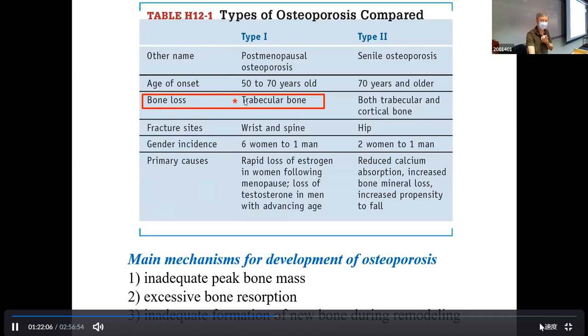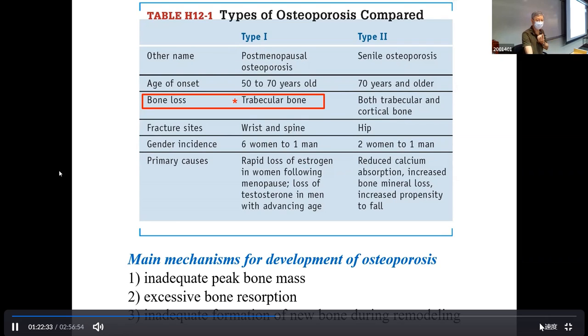Then it is trabecular bone, which is losing more, which is usually the menopausal onset osteoporosis. Senile osteoporosis applies to both men and women. Still, women is more, but you can see the ratio, which is much more for the type 1.